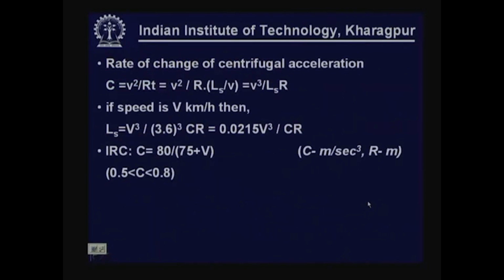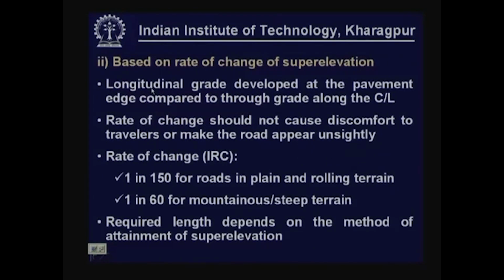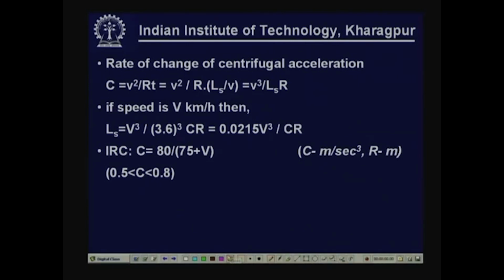So, what is the rate of change of centrifugal acceleration? It is the maximum centrifugal acceleration V square by R introduced over a time t. So, the rate of change of centrifugal acceleration is V square by R divided by t. This is the basic equation.